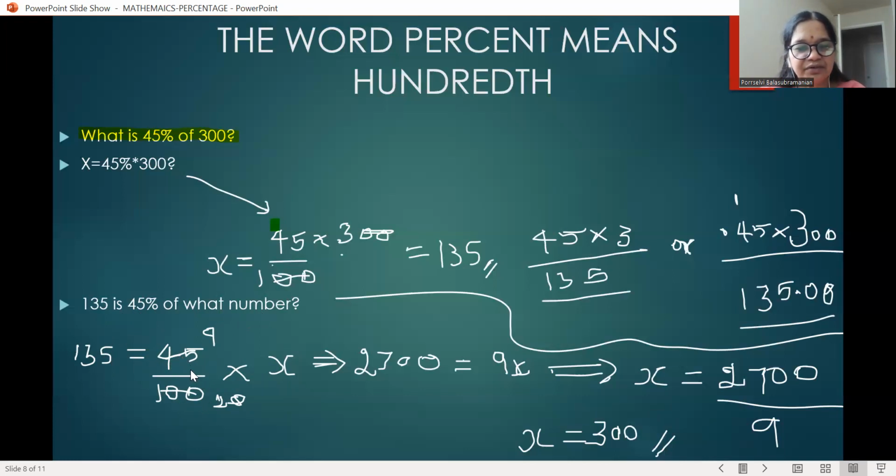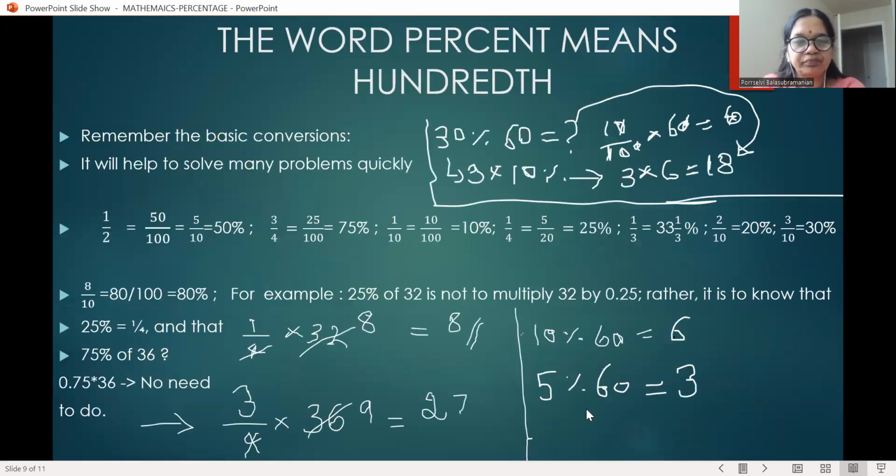The common value to divide numerator and denominator is 5, so we get 9 divided by 20. Then you cross multiply 20 with 135, and you will get 2700 equals 9x. So x equals 2700 divided by 9, which is 300. So the unknown value x is 300. So 135 is 45 percent of 300.